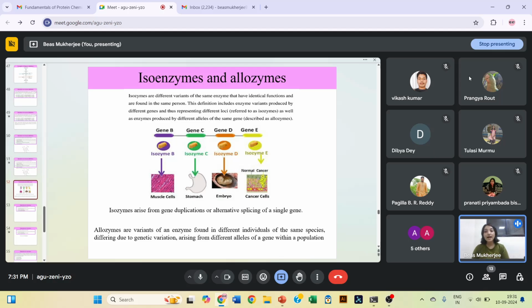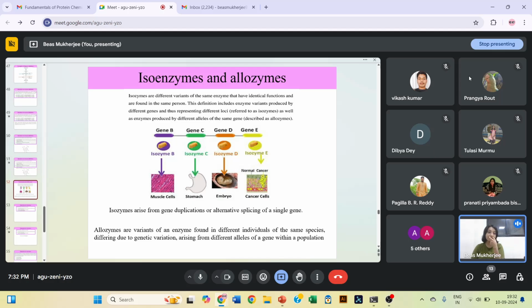So they are produced by different genes and thus represent different loci, referred to as isozymes, as well as enzymes produced by different alleles of the same gene. They are described as allozymes.